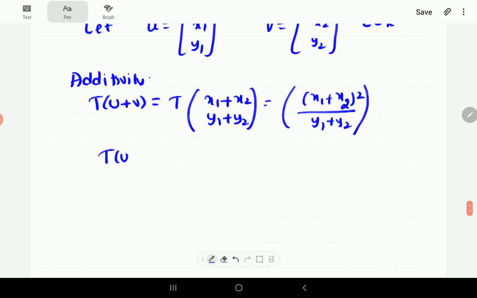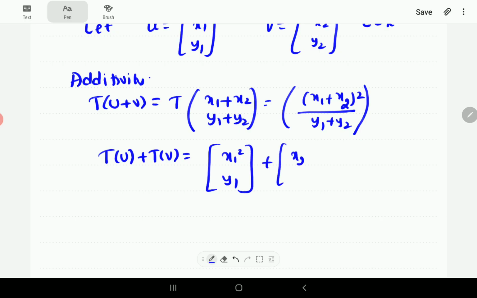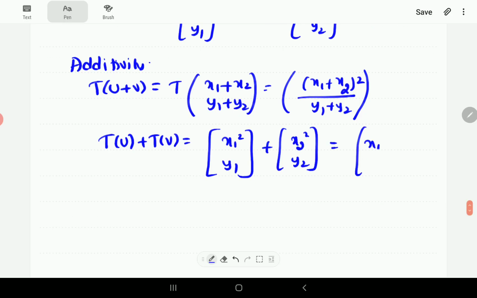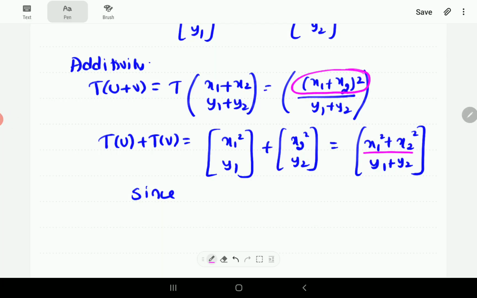Let me take now T of u plus T of v. T of u is x1 square y1, and T of v is x2 square y2. So now this is equal to x1 square plus x2 square, y1 plus y2. If you observe here, this is (x1 plus x2) square, but here it is just x1 square plus x2 square.